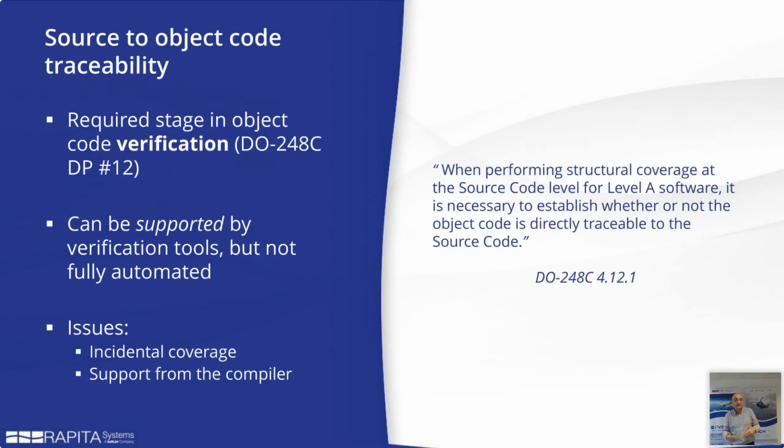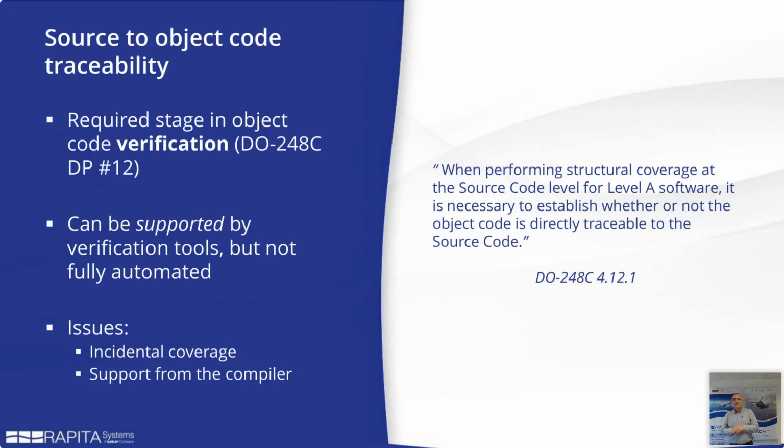You do not have, in general, a certified or qualified compiler. So that information that you can derive from the compiler to help you with that object code traceability is not of qualification quality evidence to make that claim, unless you do then manual investigation or you try to qualify it. But good luck trying to qualify a compiler.